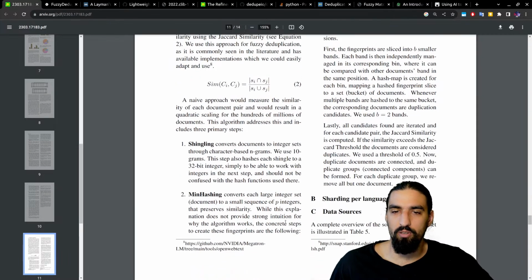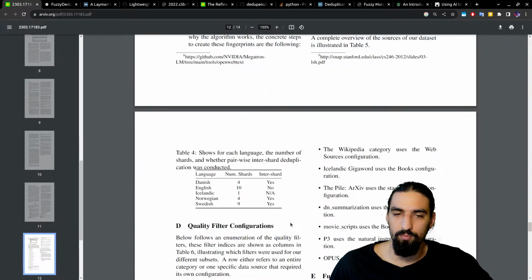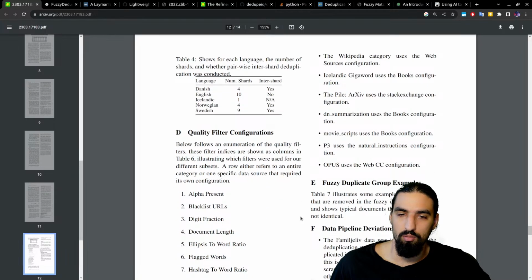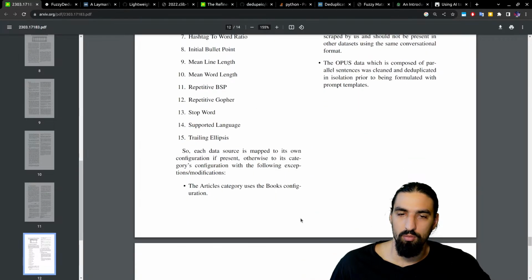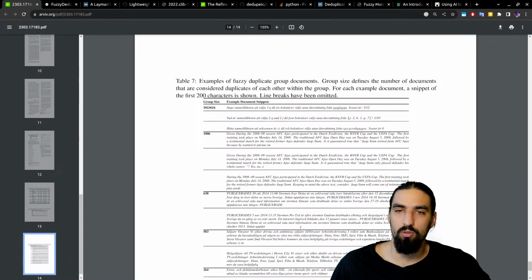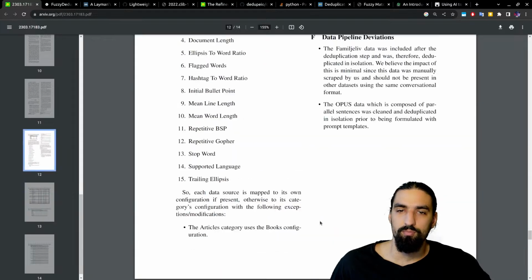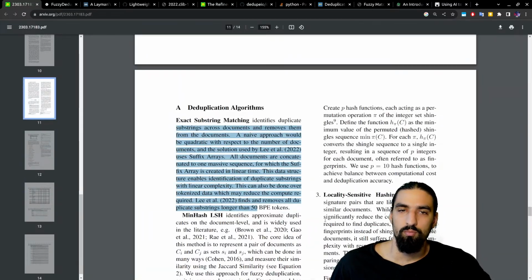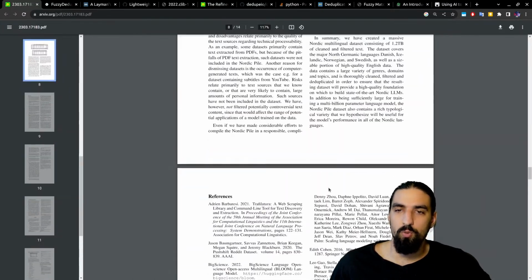Let's see how these work. I'm also curious about the quality filters they've used. Let me just quickly check that.